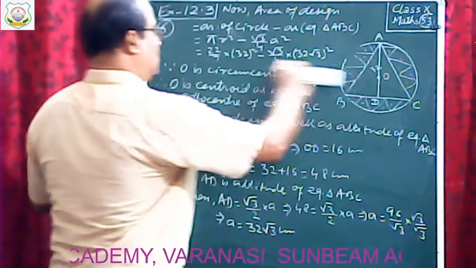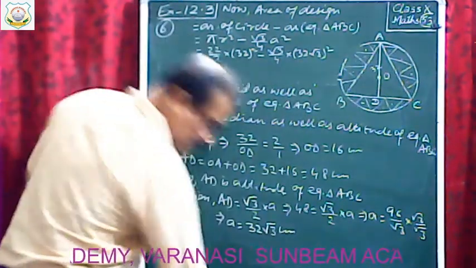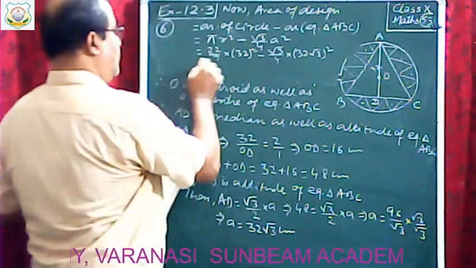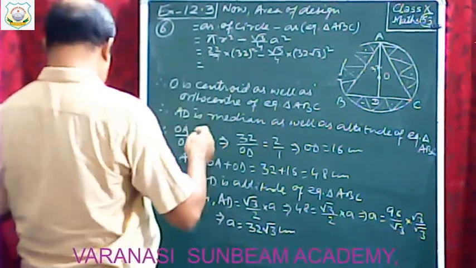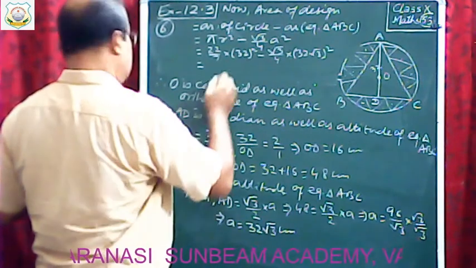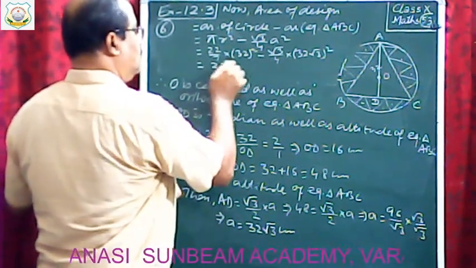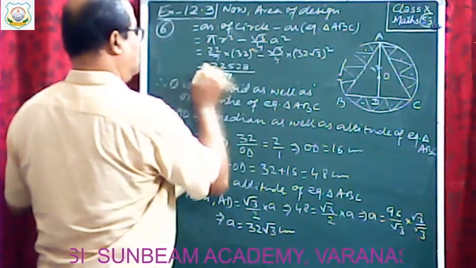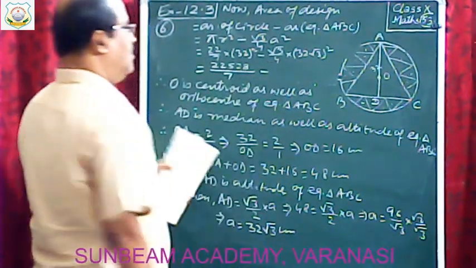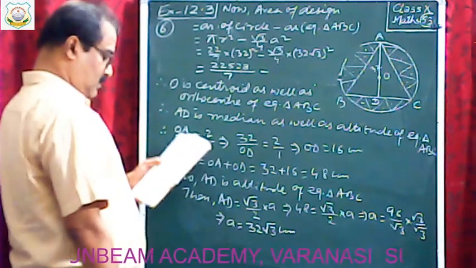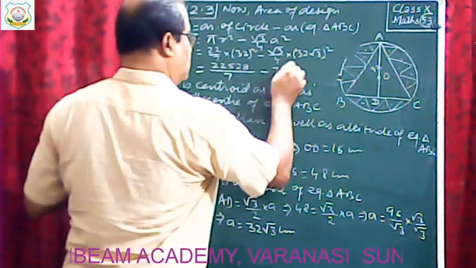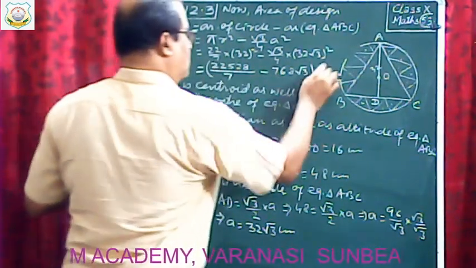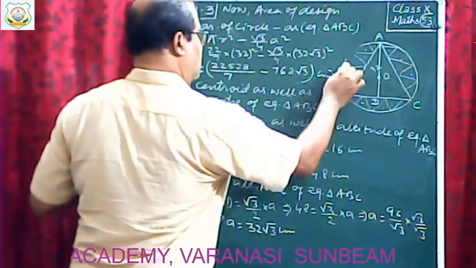You calculate and find the answer. This part is 22528 upon 7 minus 4 8 768 centimeters square.